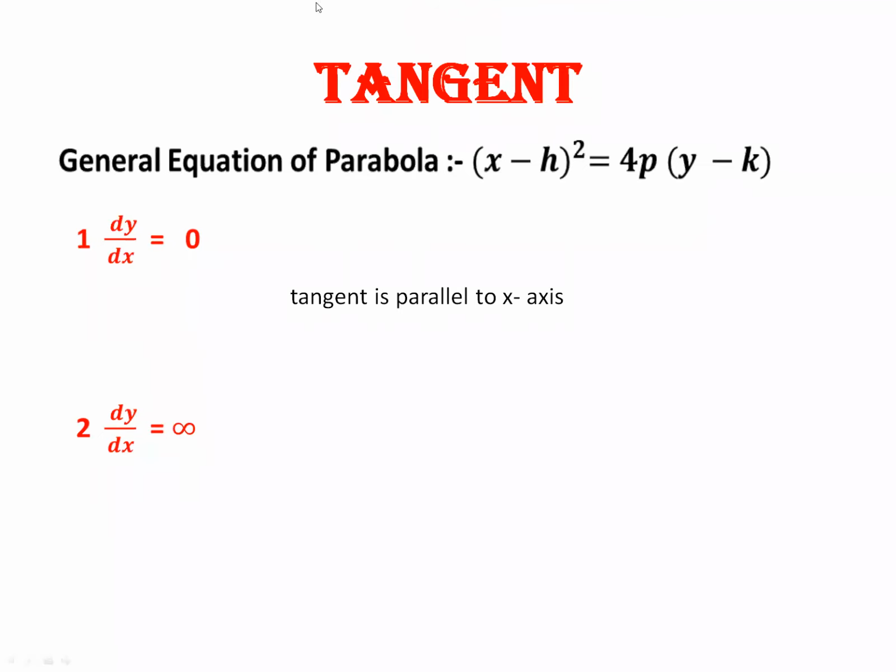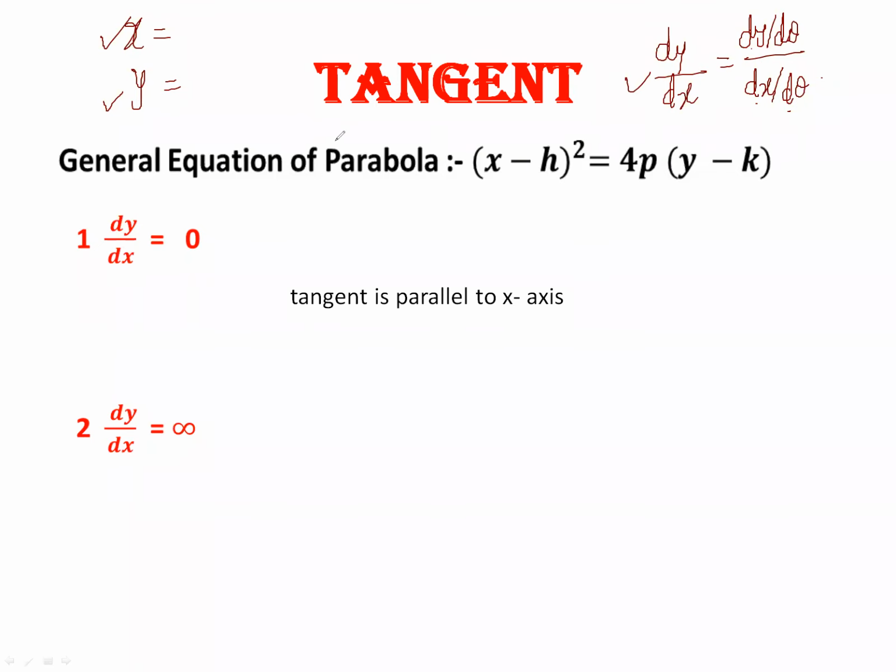In case of a parametric curve, we first find the derivative of x with respect to theta or t, and the derivative of y with respect to theta or t. So dy by dx is equal to dy by d theta divided by dx by d theta. We have to decide which form it will be. So it gives dy by dx.